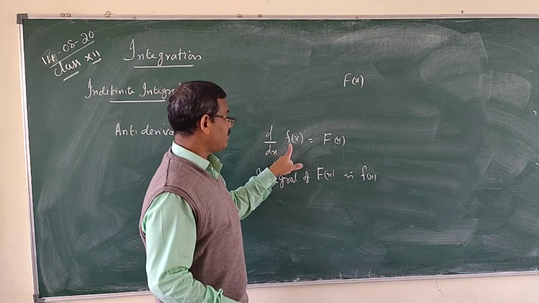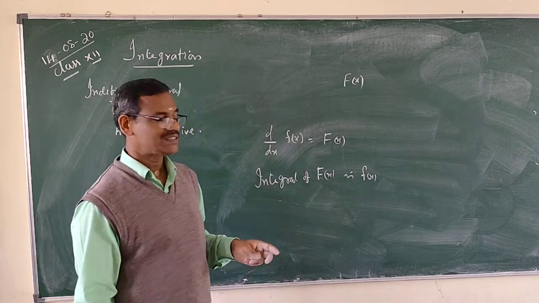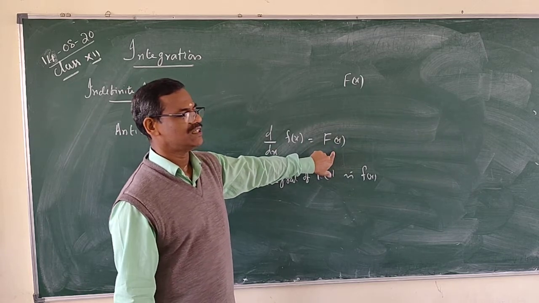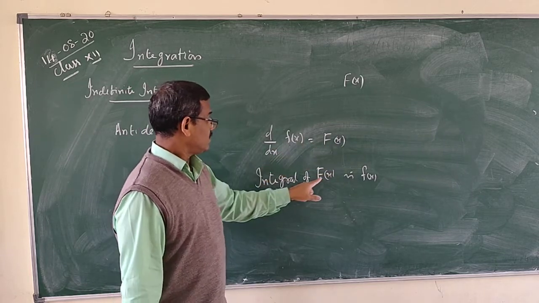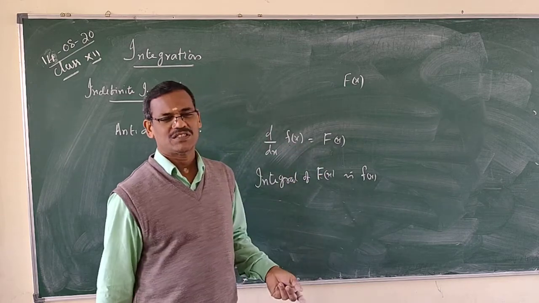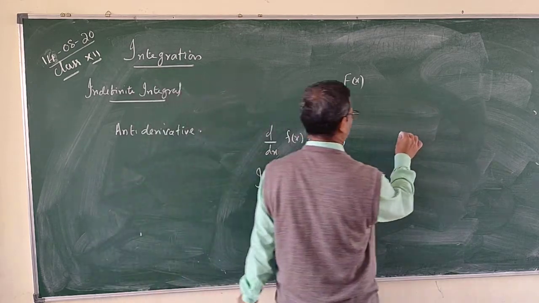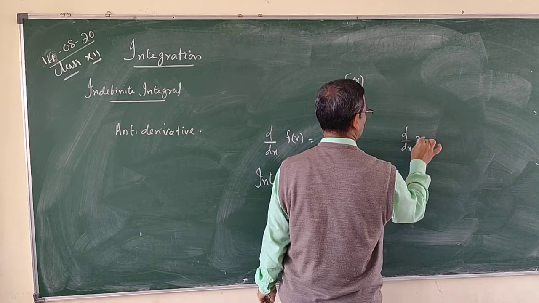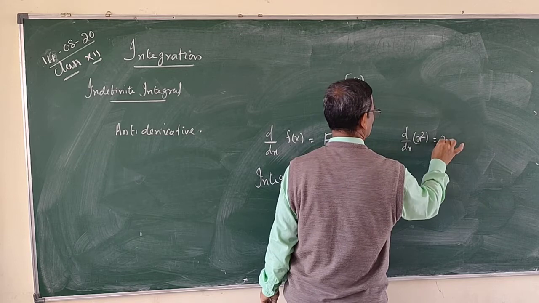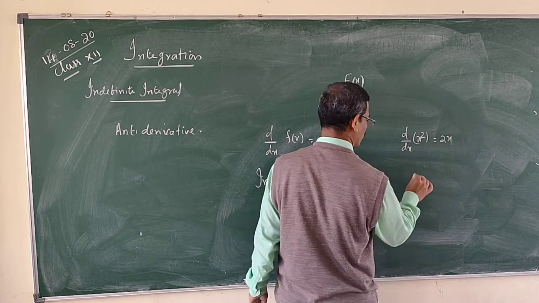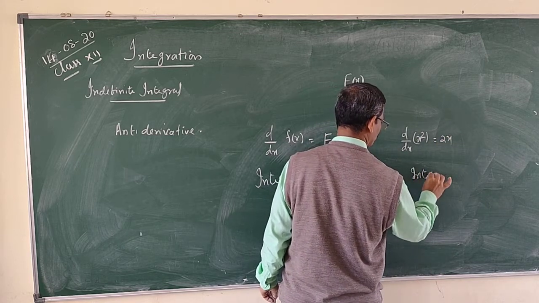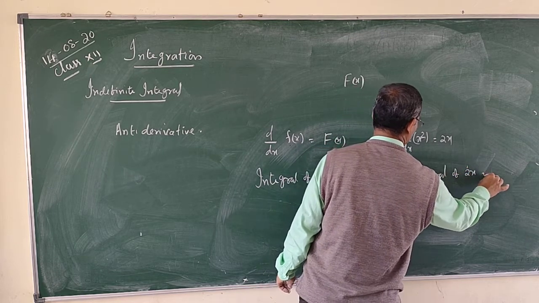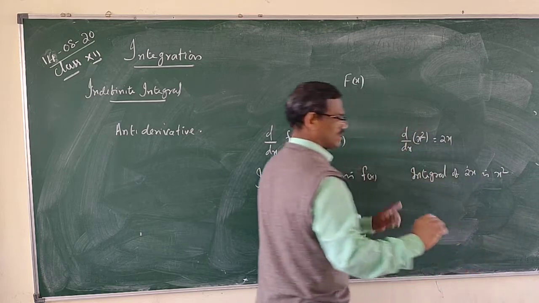In a simple way, we know the derivative of x squared is equal to 2x. Then we call the integral of 2x is x squared. We are thinking in the reverse way.